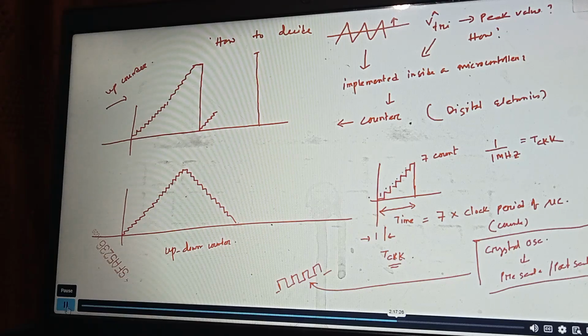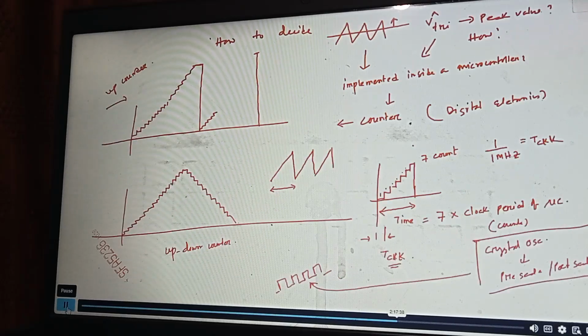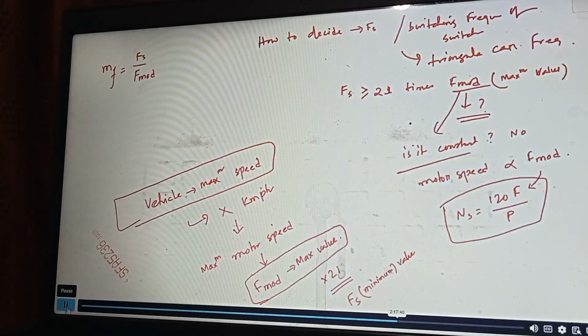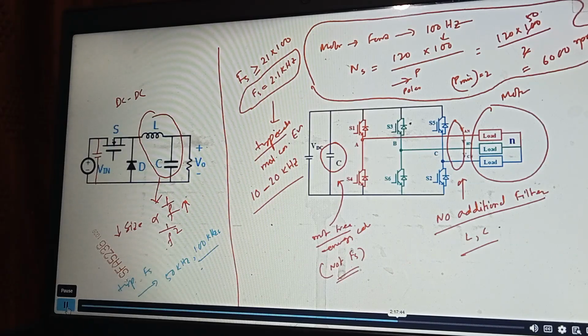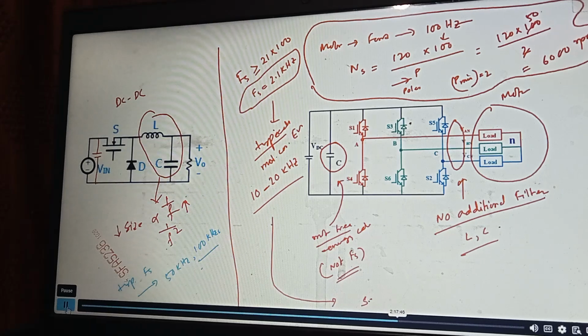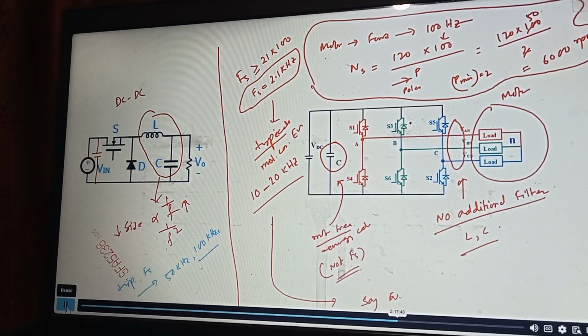Now I hope you understand that if I want to get a sawtooth signal, from my calculation in the previous slide or somewhere, let's say we finalized based on several calculations that it is 15 kilohertz.